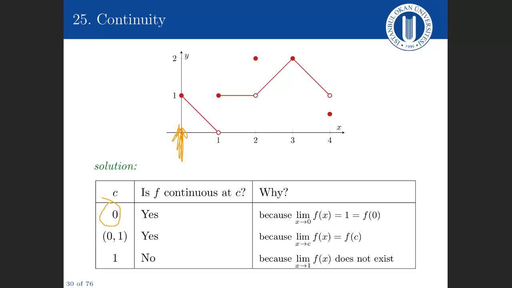Is f of x continuous here? The answer is yes. Why? Because the limit as x tends to 0 of f of x exists, f of 0 exists, and both of these numbers are equal to 1. All three rules are satisfied.